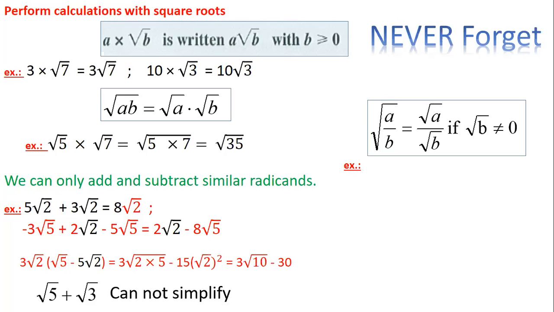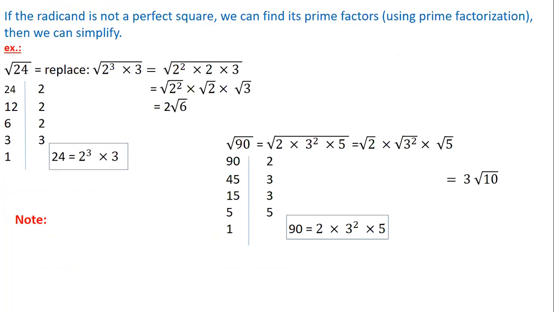Now, if we have a big radical and the fraction a over b inside, also in this we can split both. We can write radical a over radical b, and then we can simplify. For example, radical 20 over x to the power 16, we can write it radical 20 over radical x to the power 16, and we can simplify.